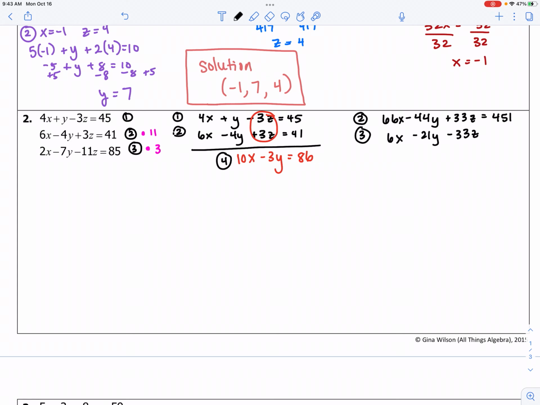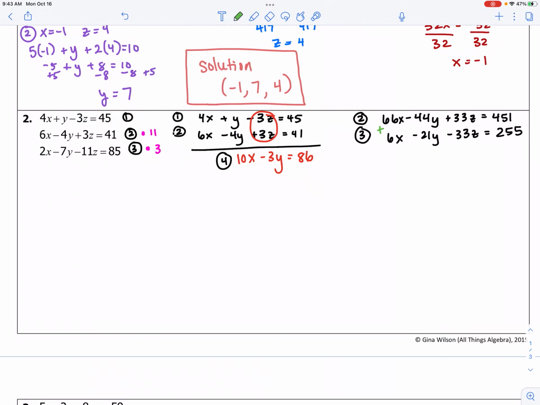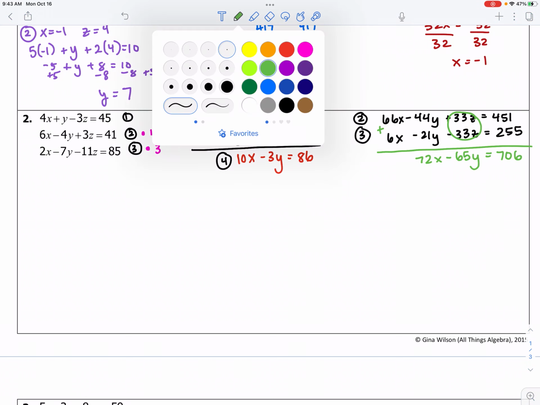Fix my mistake. So 33z is equal to 255. 85 times 3. All right, so now we're going to combine those together. I have my 0 pair with my z's again, so I'm left with 72x minus 65y is equal to 706, and that's equation 5.